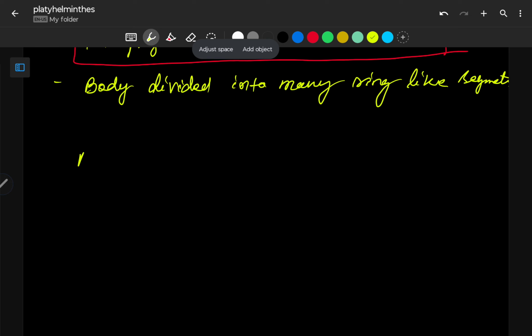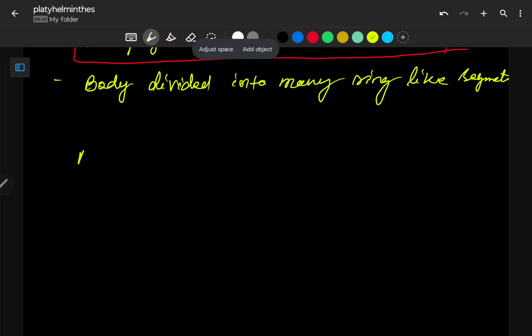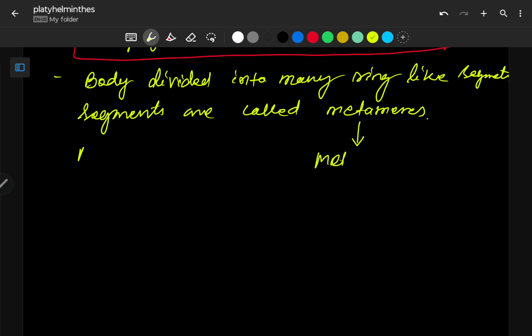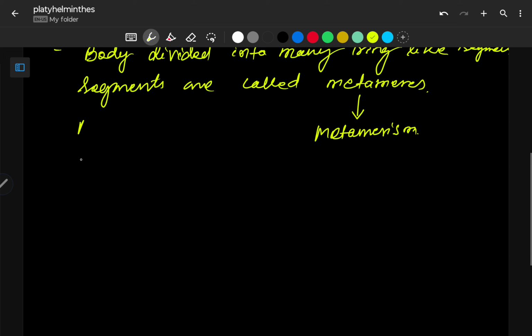Okay, and these segments are called metameres. So they are showing metamerism. Metamerism. So I have already told you what is metamerism.